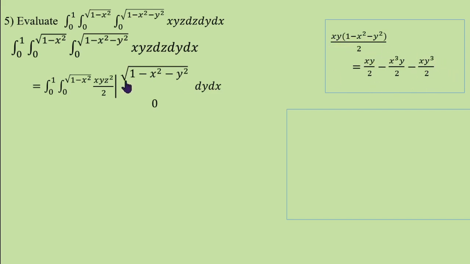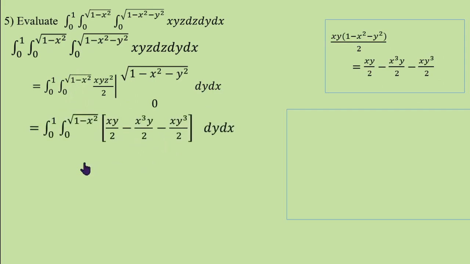Now this is integrated with respect to y from 0 to root 1 minus x square. Now you are integrating with respect to y. Integral of y is y square by 2.